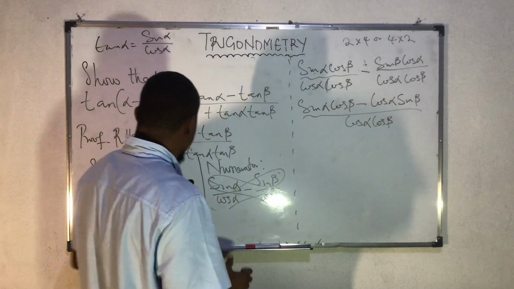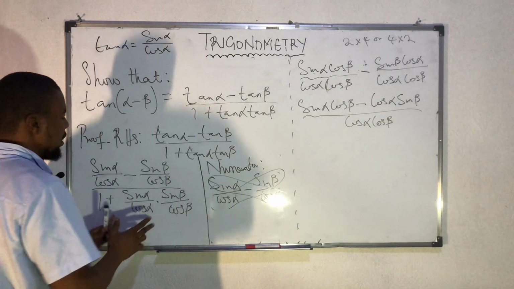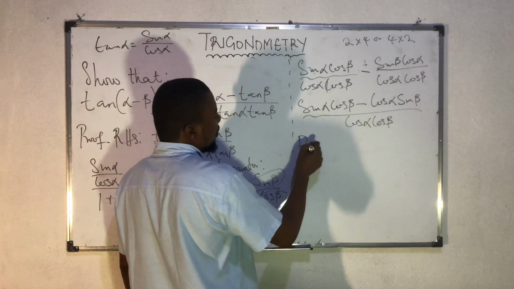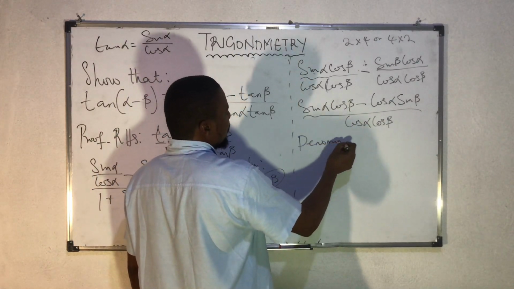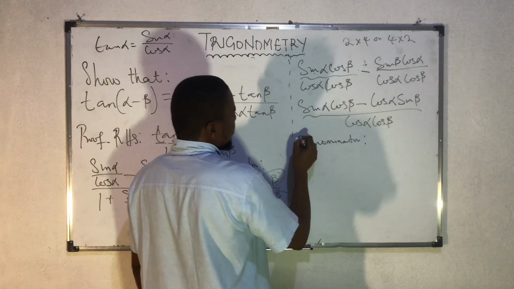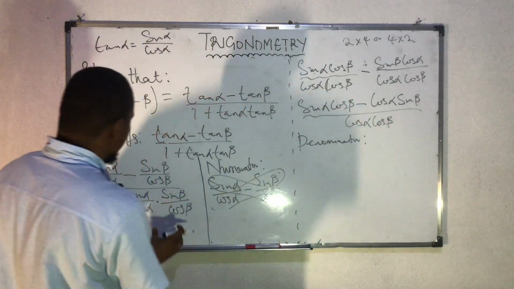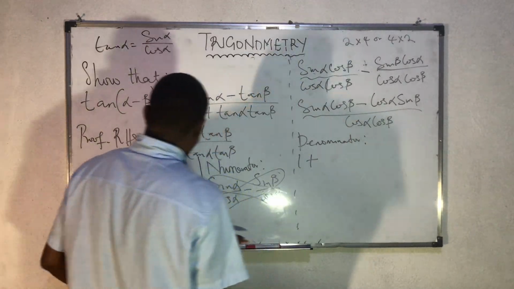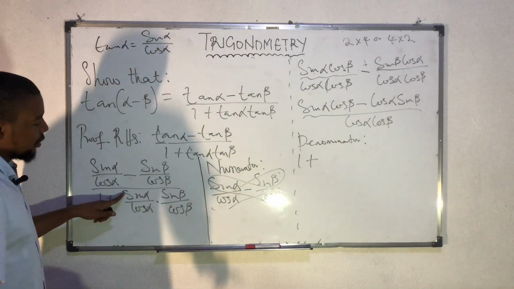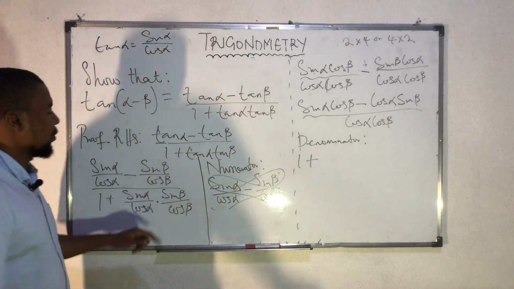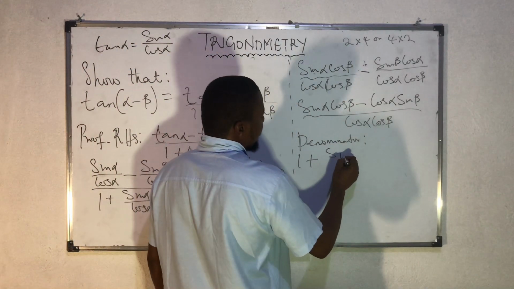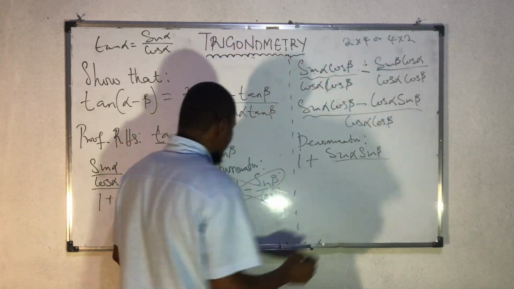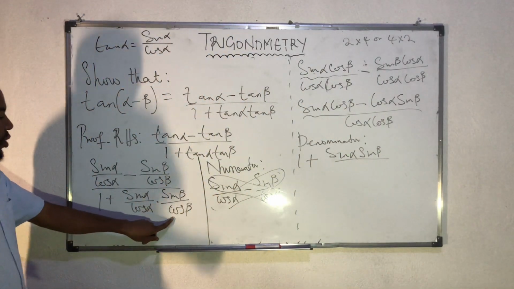We're also going to do the same for the denominator, just as we did in the first video. Therefore, this is our denominator. Let me copy all this down. We have 1 plus, permit me to do the multiplication here. Sine alpha times sine beta is going to give us sine alpha sine beta over cos alpha cos beta.